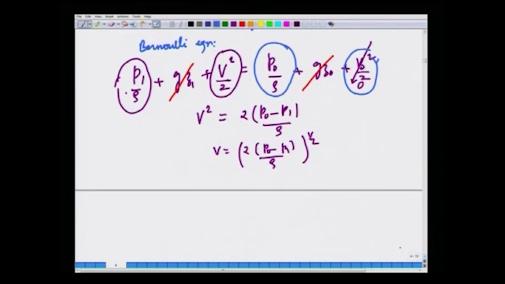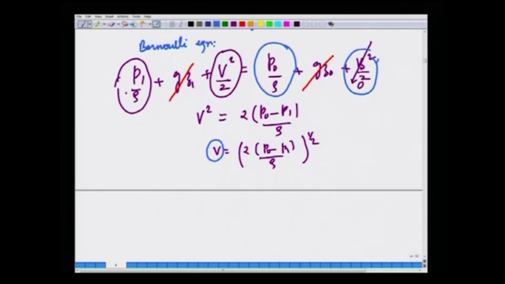If you measure the pressure at a stagnation point and the static pressure, which is the pressure in a flowing fluid, then that gives you the velocity at which you are measuring the static pressure. Suppose you are able to measure this pressure difference between a stagnation point and another point where the fluid is flowing, then you can estimate the local velocity of the fluid at that point.